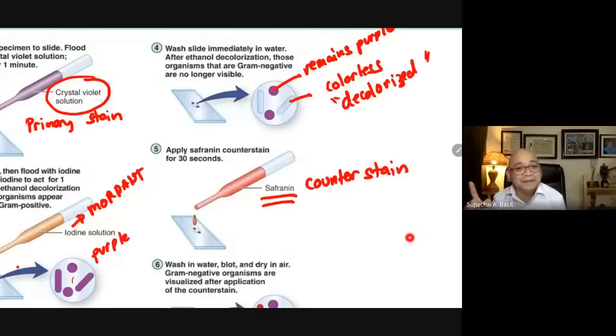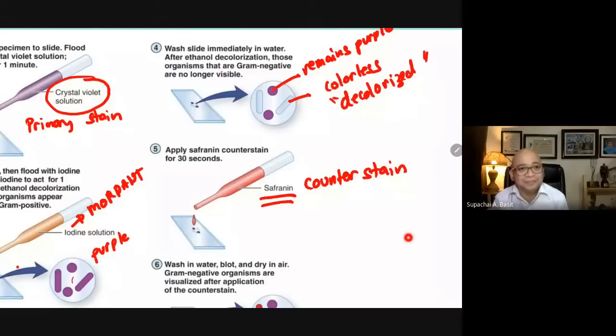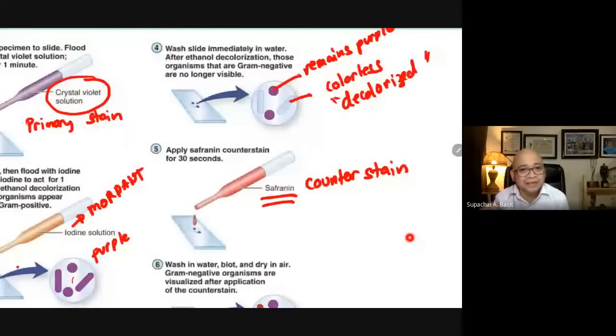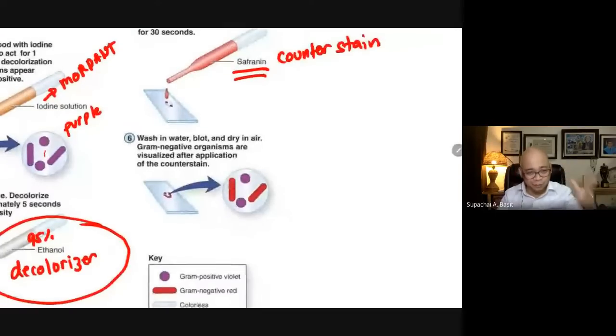What is the primary stain? The primary stain is crystal violet. And what is the counter stain? The counter stain is safranin, which is pink to red in color. After washing with water and air blotting it, we can now look under the microscope.